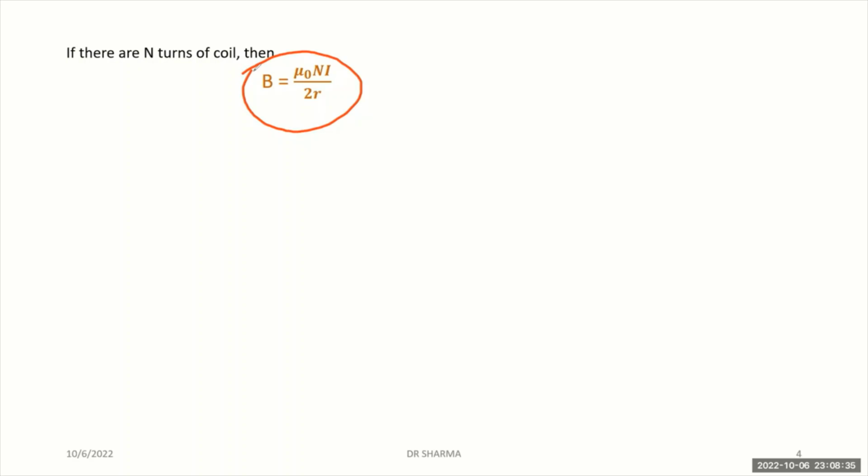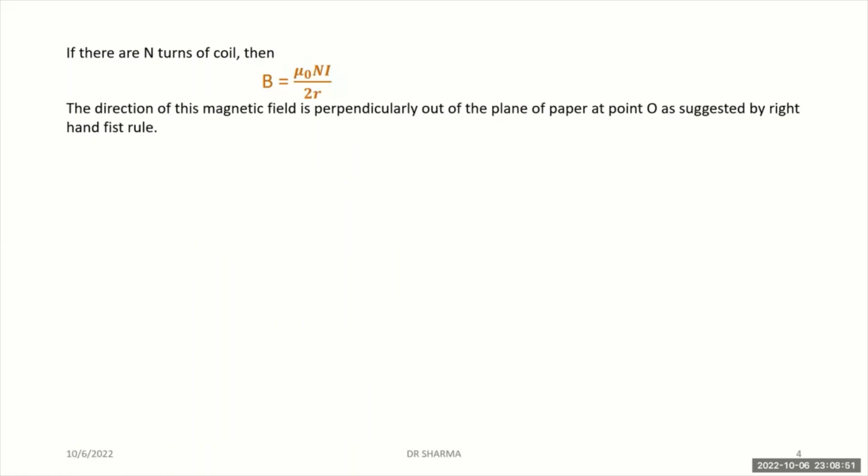You might use this formula to solve some of the numericals. Since the magnetic field is a vector quantity, we must know the direction of magnetic field as well. The direction of magnetic field at the center O is perpendicularly out of the plane of paper.